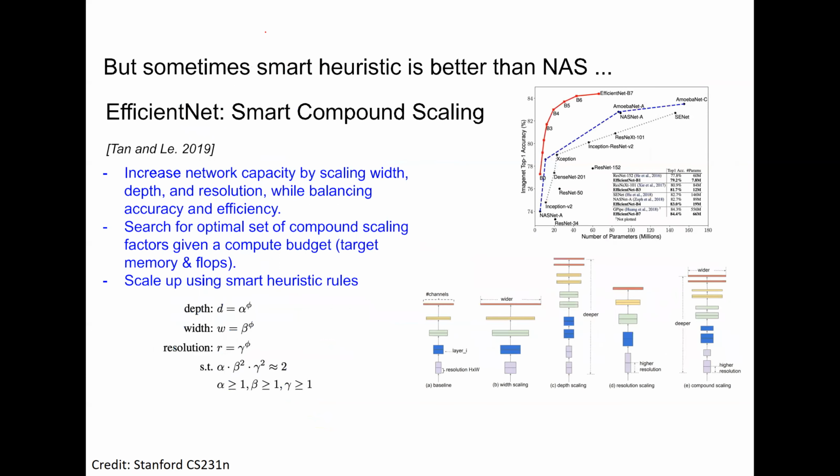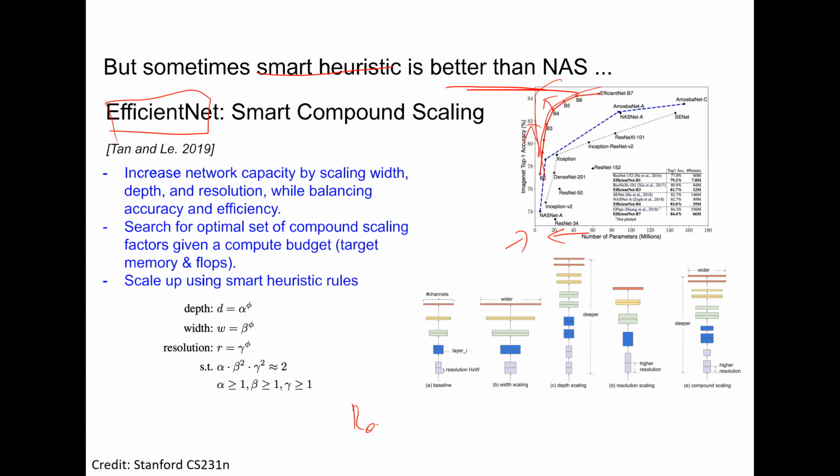However, sometimes smart heuristics are better than NAS. And EfficientNet was a seminal work. It designed a very efficient network without using reinforcement learning. And as you can see from this figure, the efficiency is better than other networks, and the accuracy is higher, like this. And people are trying to move this plot to this area.